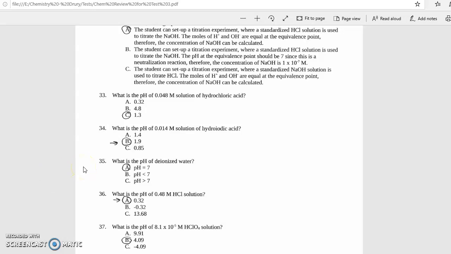33 is C. 34 is B. Several of you were thinking that was this number down here, okay? But when you have this molarity of a solution, what you're doing is you're taking the log of this number right here, okay? So it's going to be 2 decimal places over.